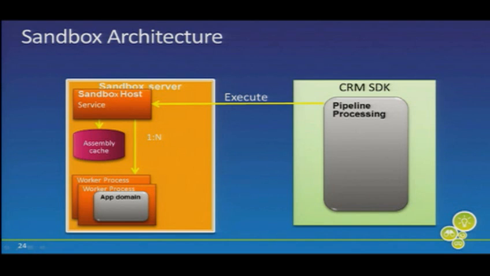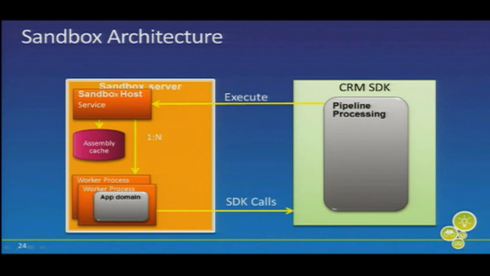So that's layer one of the sandboxing: the fact that we probably put it on another box. Layer two is that we isolate every org into its own worker process. Layer three is that when we load the assembly, we load it into a separate app domain, which allows us to unload the assembly and reload a different type in there later on. We then execute that.